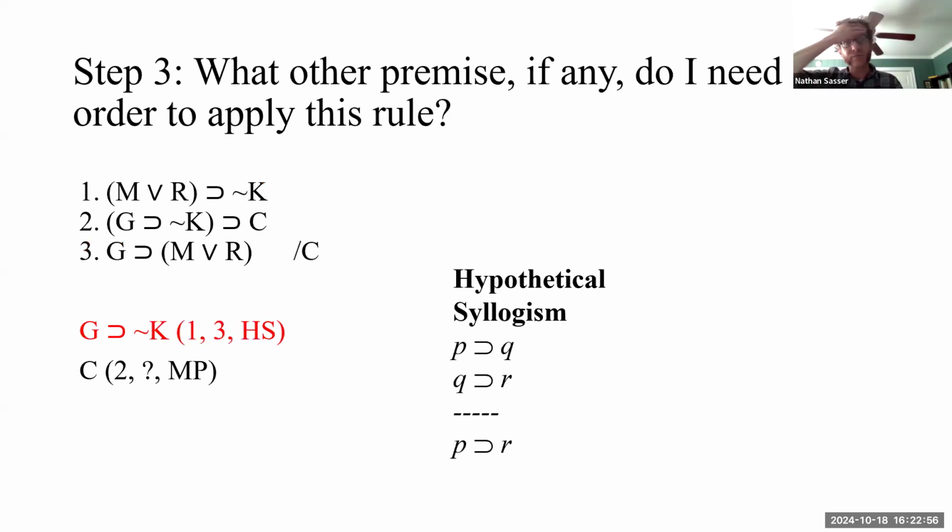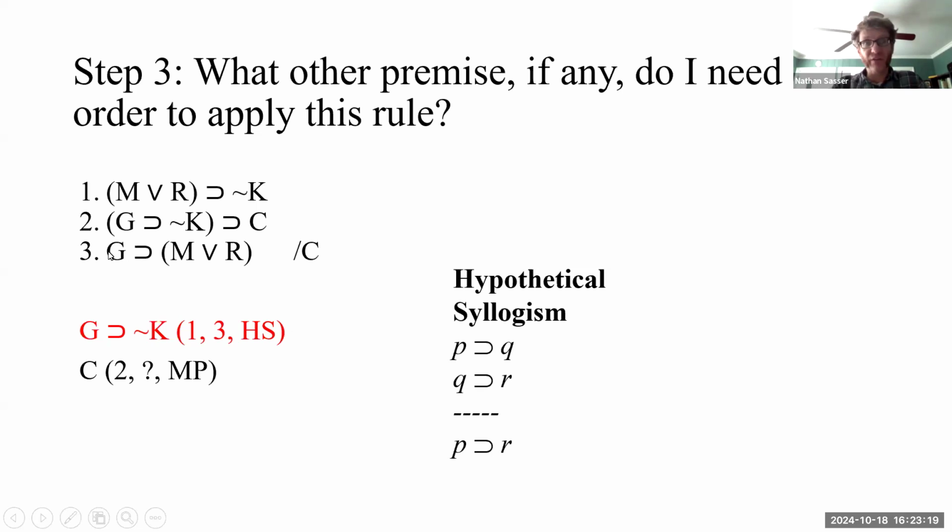So here's what we've got. Here's what hypothetical syllogism requires. If P then Q, if Q then R, therefore if P then R. Now in our case, the P is G, and the R is not K, and the Q is M or R. So here's what I've got. Do I have an if P then Q?